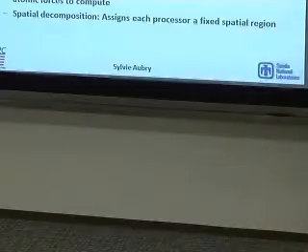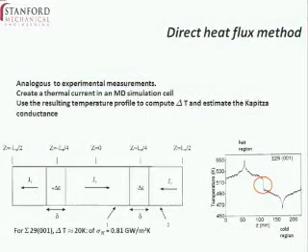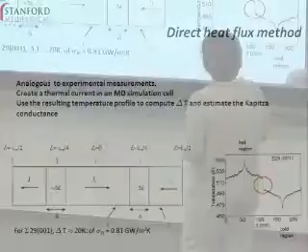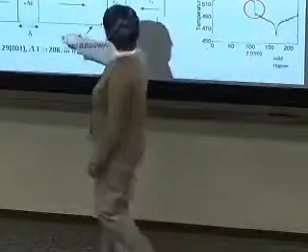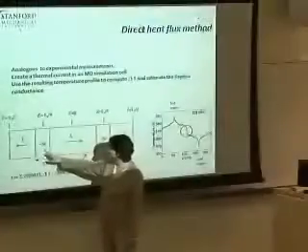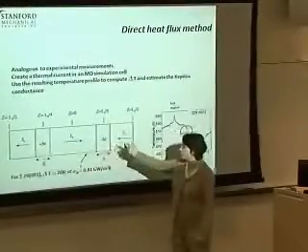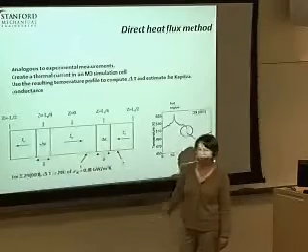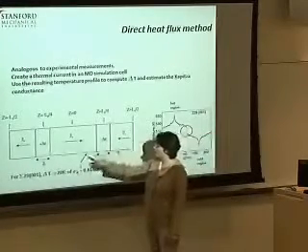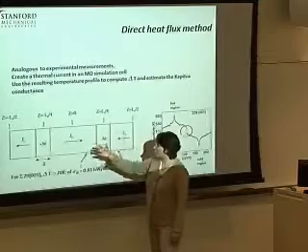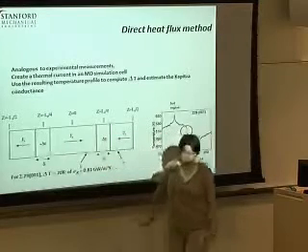And so what we've done in LAMMPS is that we've implemented this heat flux method. The way it works is the following. You have a hot region where you add some energy to the system. You have a cold region where you remove energy from your system. And you have a heat flux that circulates here.